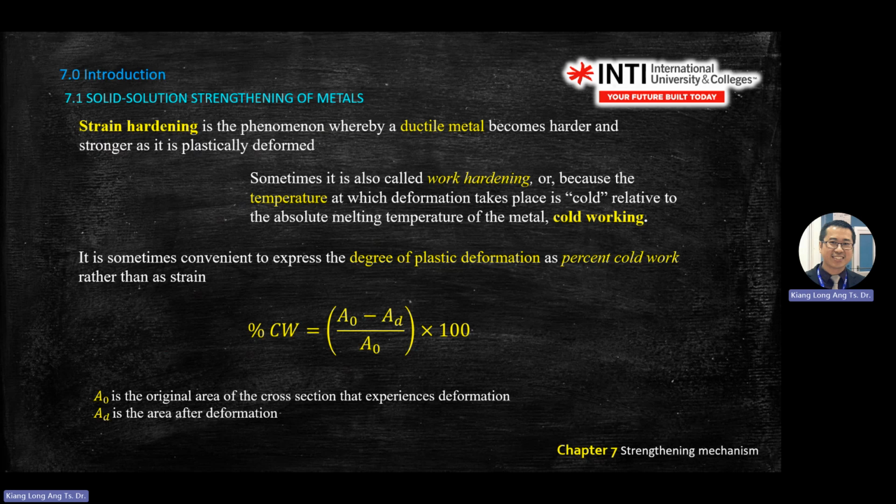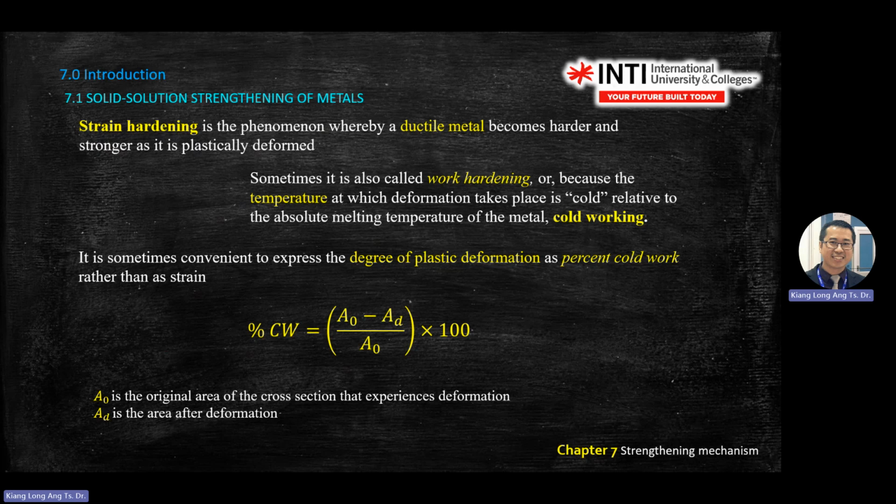So when you work on it, a deformation happens. You roll it, you make a bend or something. So there's a deformation. You calculate using percentage of cold work equal to the ratio of area multiplied by 100.